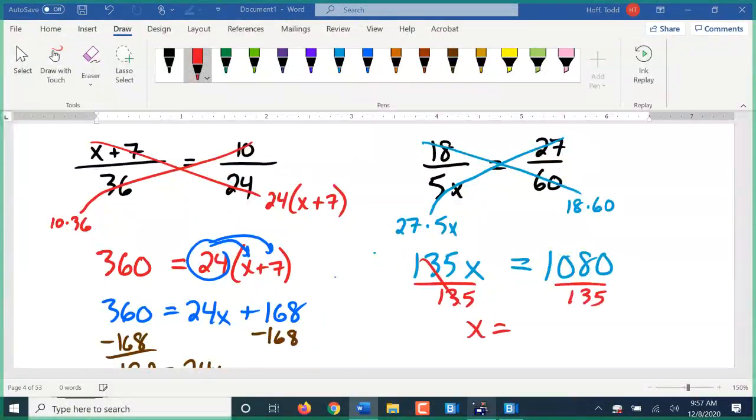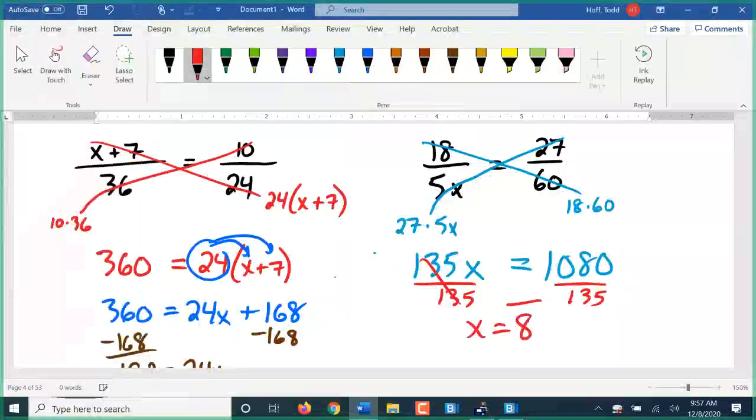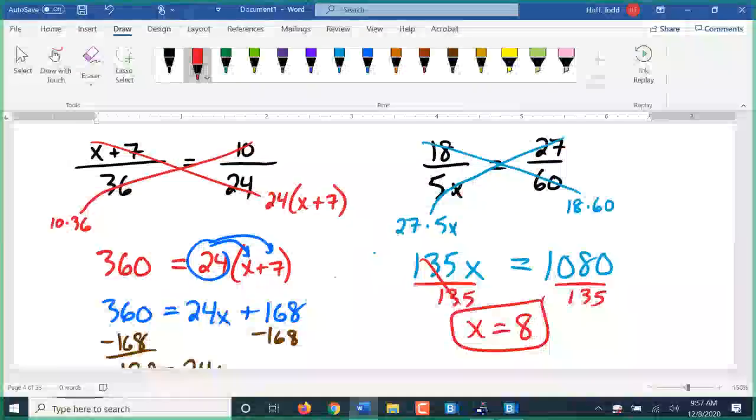So x equals 8 again. Now, both of these could have been solved just by being very, very careful with the cross multiply and divide. We still would have ended up with an equation.